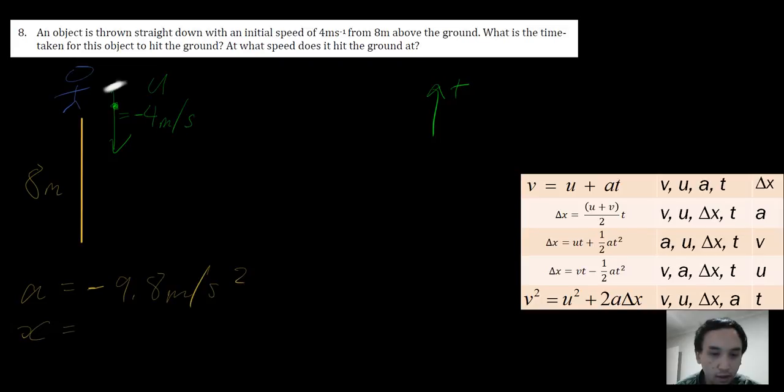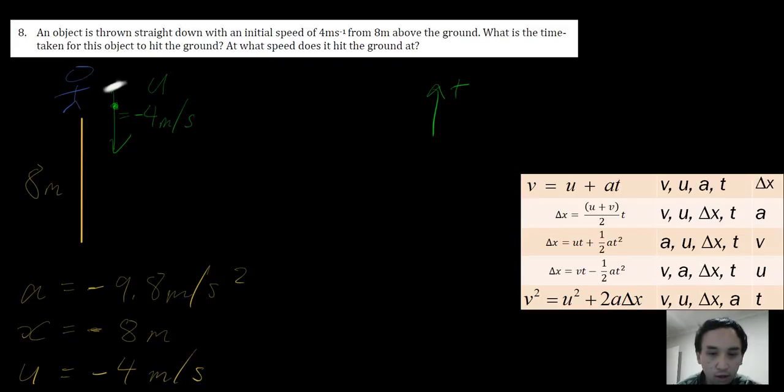X is going to be, well, we do need to displace by 8 meters, but is it 8 going up or 8 going down? We want this object to be going down 8 meters. So this means that this X is going to be negative 8 meters. Now U value, well, we established that before. This is negative 4 meters per second.